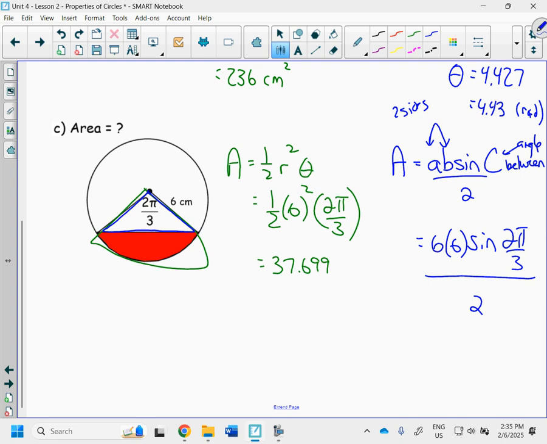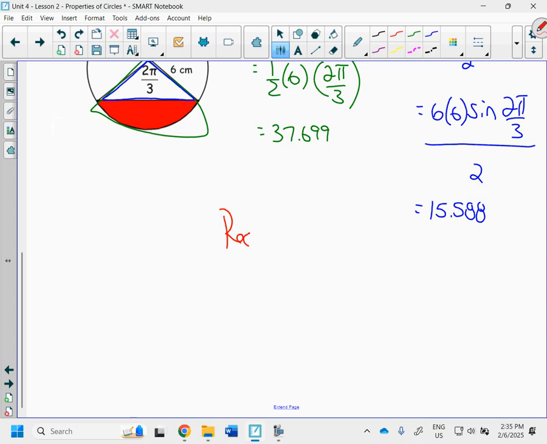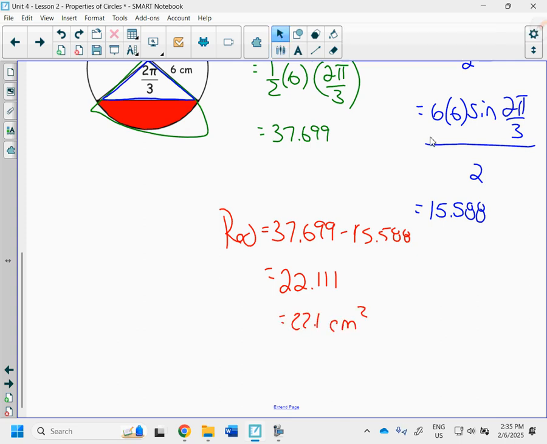Now you can use your calculator to do this, just make sure it's in radians. If you do that, you get 15.588. And because we only really want the red part, it will be 37.699 minus 15.588, or in other words, 22.111, or 22.1 to 3 sig figs, centimeters squared.